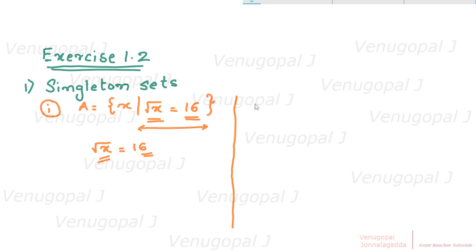Square root of 4 is 2, and 2 squared is equal to 4. So this is a square, and these are square roots. Square roots are nothing but raised to the power half. So raised to half of the power.